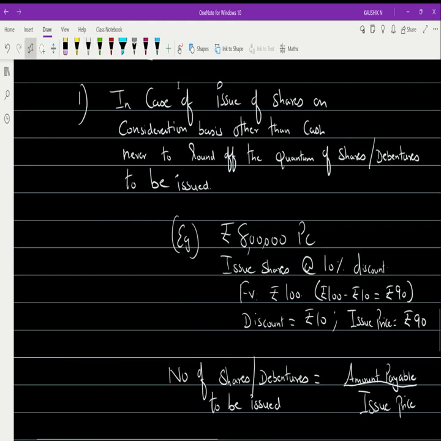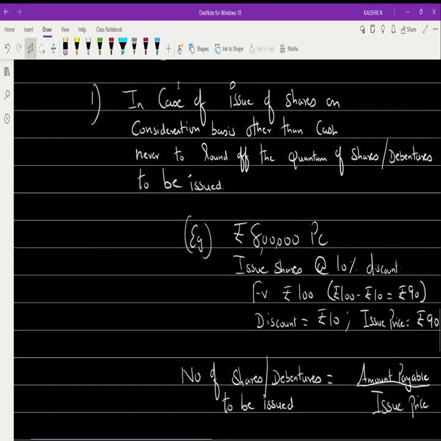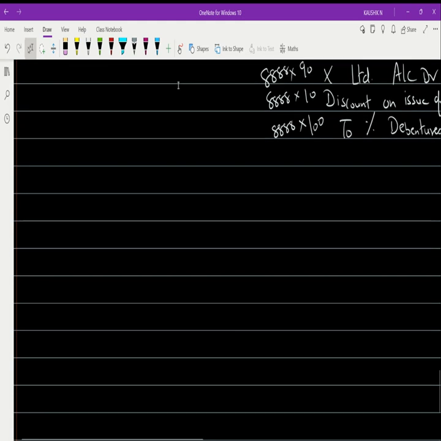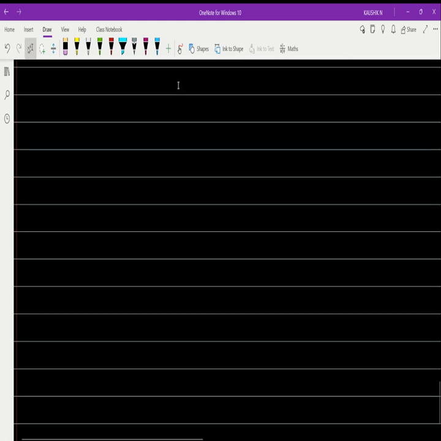Okay. The second important point is when it is a case of an oversubscription. These are some special points to be kept in mind before we go for the problem.